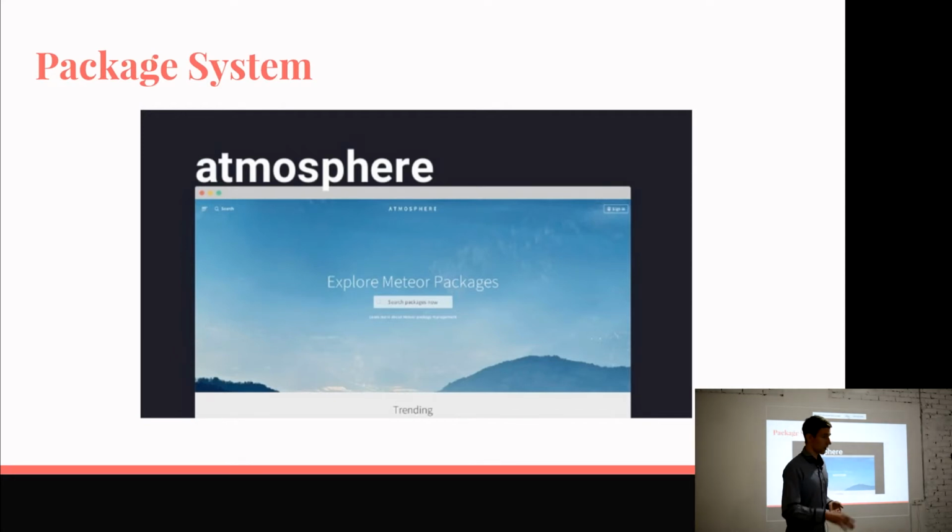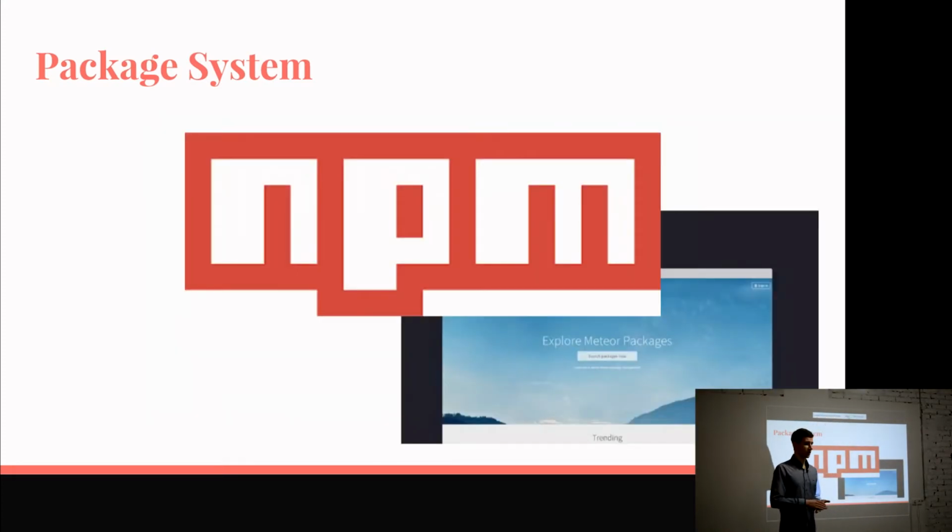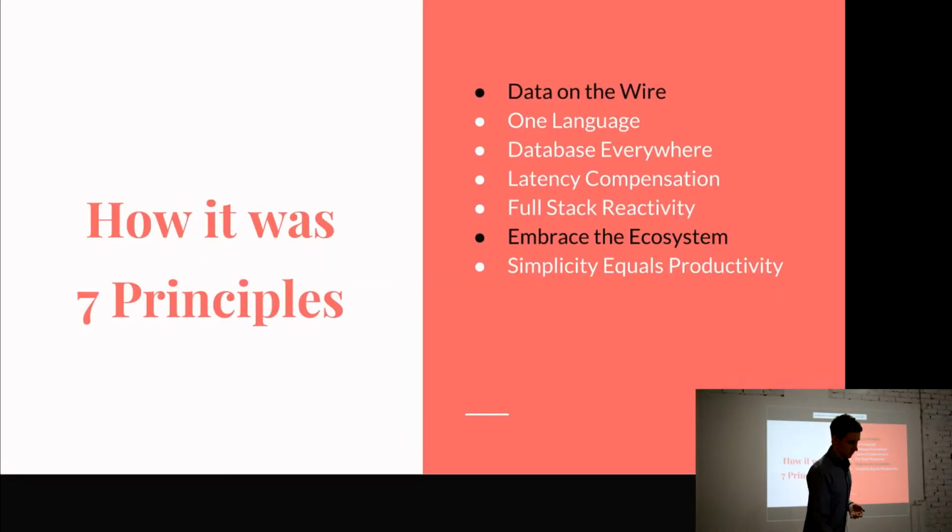But now that JavaScript modules were introduced with ECMAScript 2015, it is possible to use NPM on both client-side and server-side. So starting from Meteor 1.3, you can use NPM as a first-class package system in your apps. So this solves the problem with embracing the ecosystem.